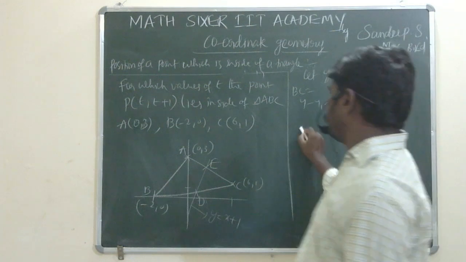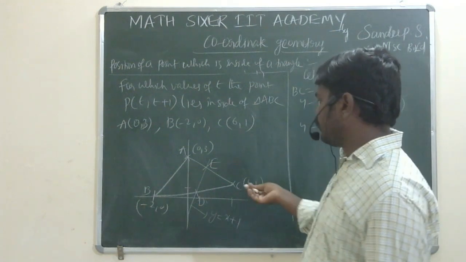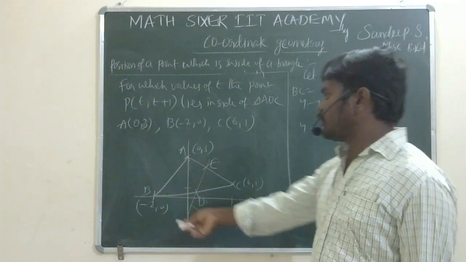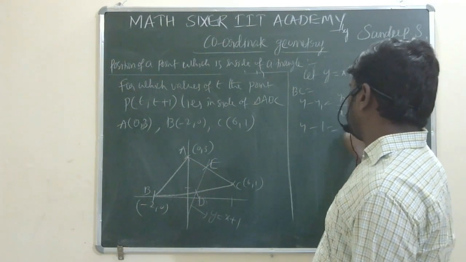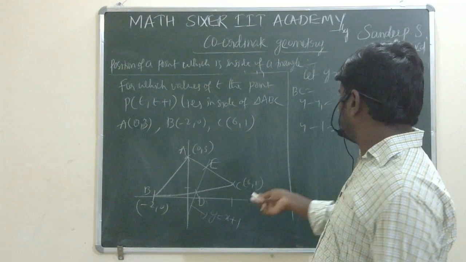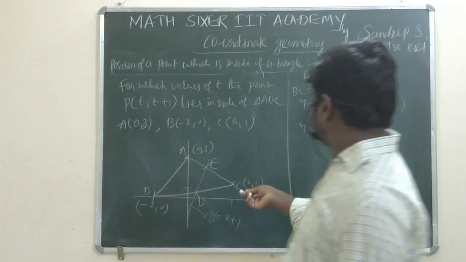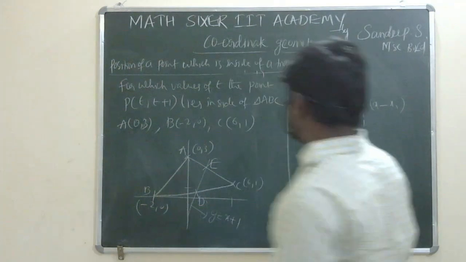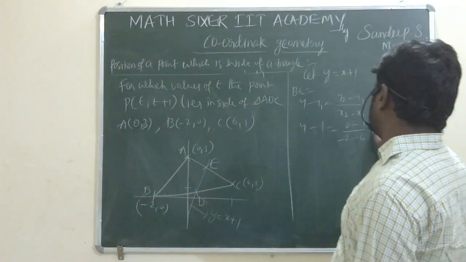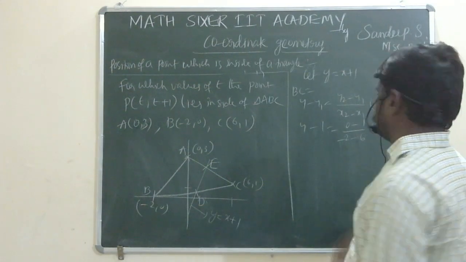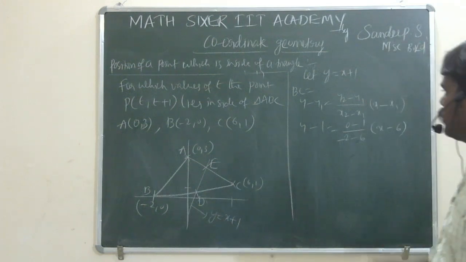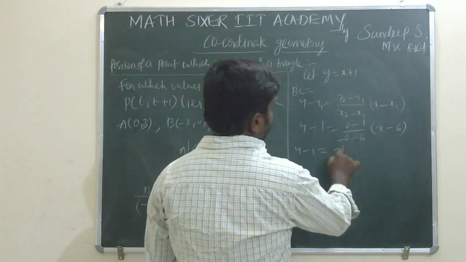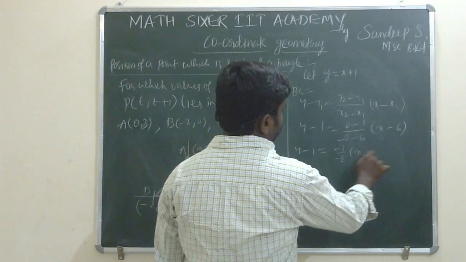So here y1 is 1 and y2 is 0, so y2 minus y1 is minus 1. x2 is minus 2 and x1 is minus 6. So y minus 1 equals minus 1 by minus 8 into (x minus 6). The minus signs cancel and we get 8 into (y minus 1) equals x minus 6.